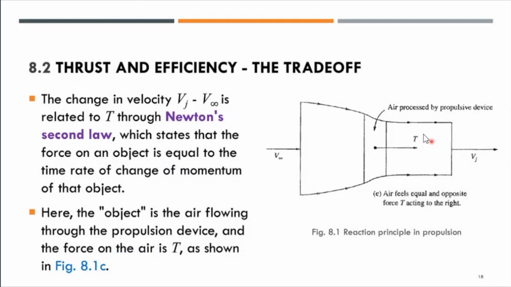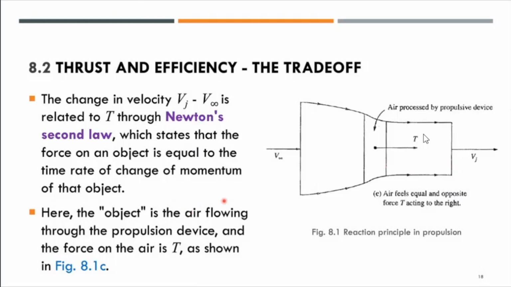The change from V infinity to Vj is related to Newton's second law, where we state that the force on an object is equal to the time rate of change of momentum, mv, mass times velocity.